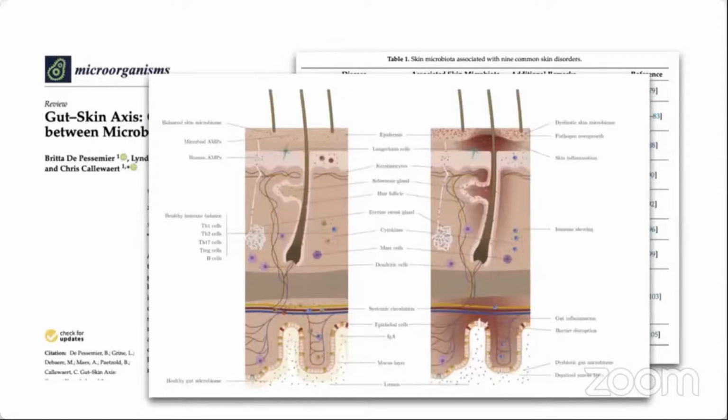This dysbiosis between the gut and skin is connected through a balance in the helper T cells or T lymphocytes. In this dysbiosis, this balance is extremely skewed, and this review focuses on identifying whether this skewness results from the gut dysbiosis or from the skin dysbiosis.